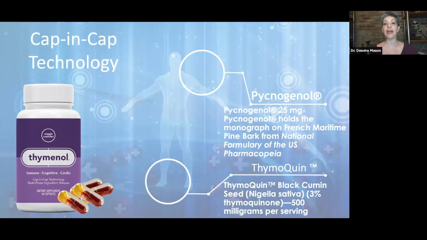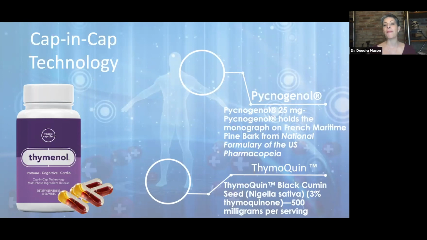We understand that not everything can be rendered isotonic, and not everything should be rendered isotonic, which is why we also offer pycnogenol in our new Thiaminol product, where for immune, cognitive, and cardiovascular well-being, we mix pycnogenol with a powerful, clinically evidenced ingredient called thymoquin.